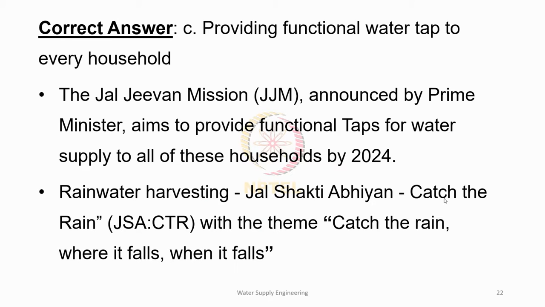For rainwater harvesting, which was option A, we have another mission, Jal Shakti Abhiyan. Dhananjay has put a message that my screen is not visible. Is it the same for everyone or is it just for Dhananjay?